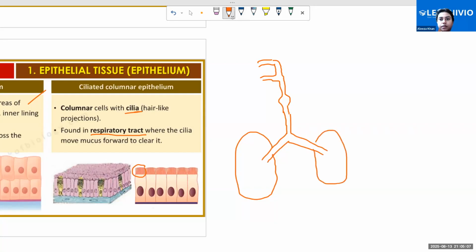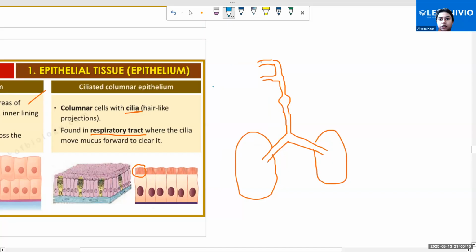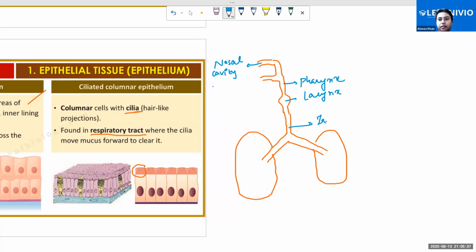So this is your nasal cavity having the nose. Okay. Then you have the pharynx. Then you have the larynx. Then you have the trachea.